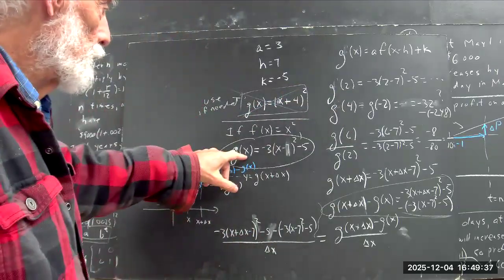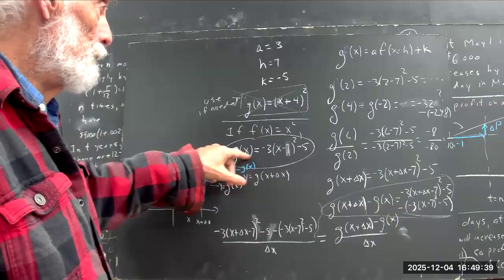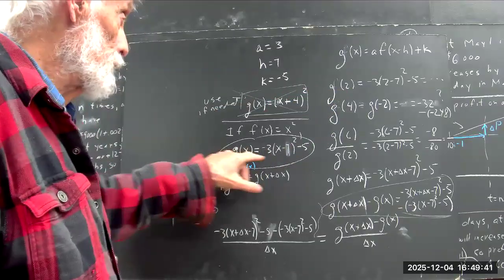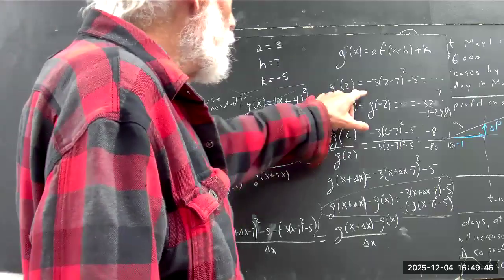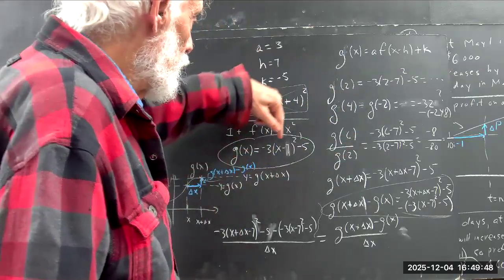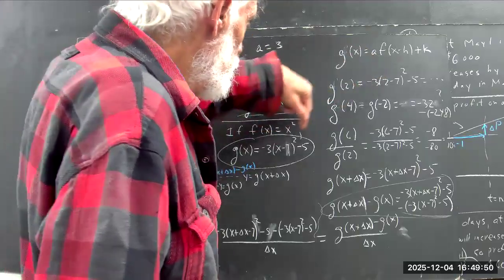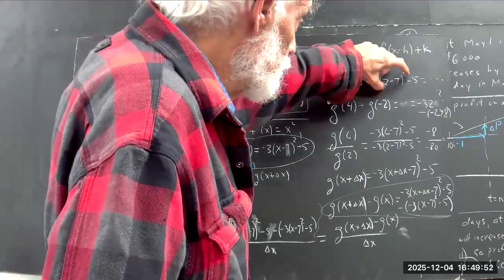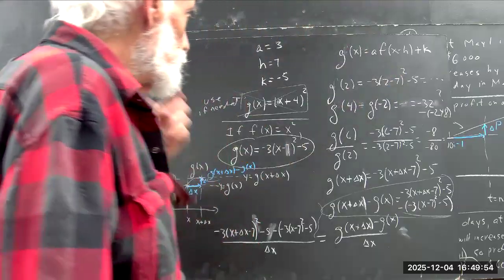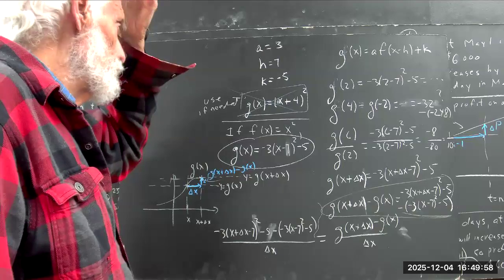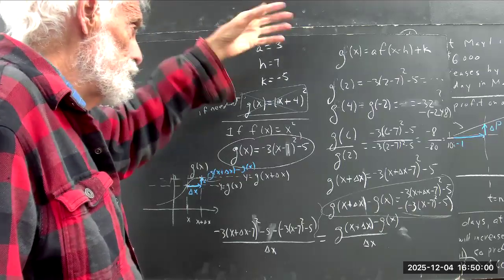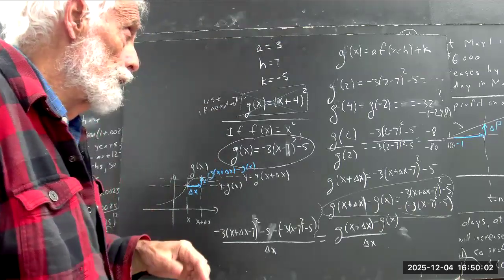Well, g of 2 means you're going to replace x by 2 here, because there's a 2 where there was an x. So you're going to get -3 times quantity 2 minus 7 squared minus 5. And you can evaluate that. You're going to get what, negative 15 minus 5, negative 20, I think.